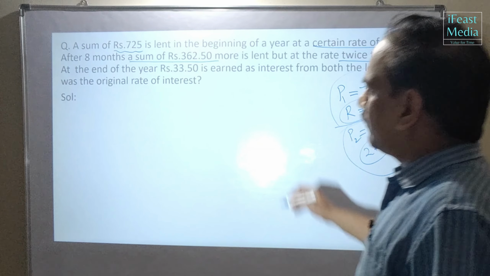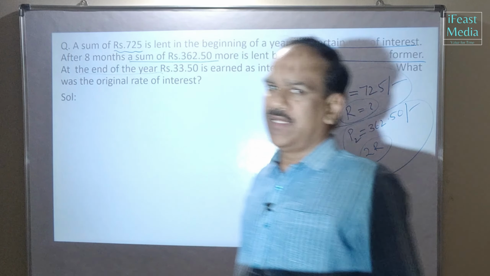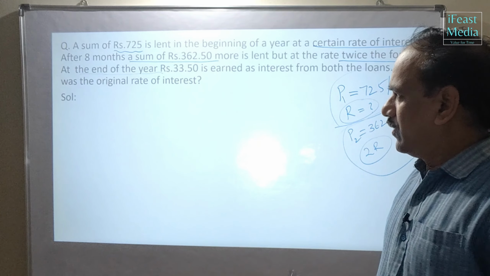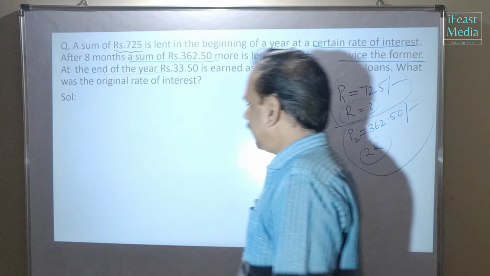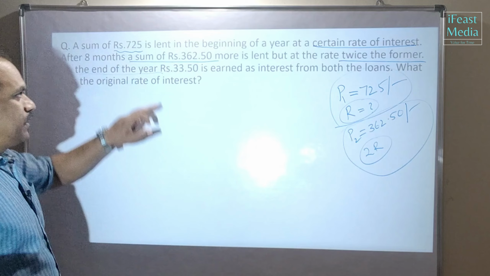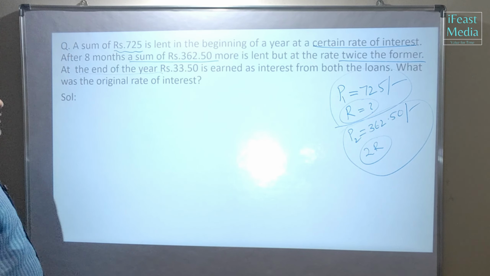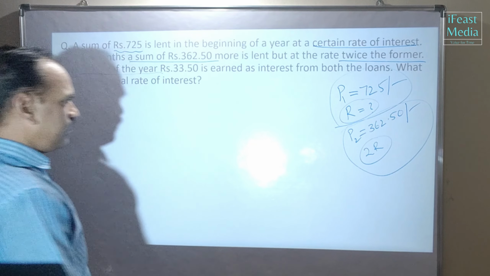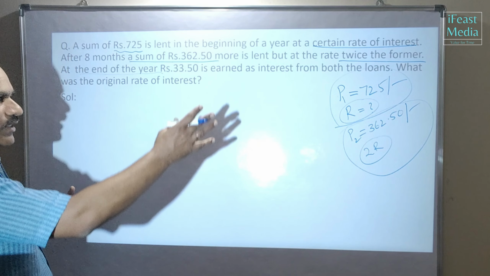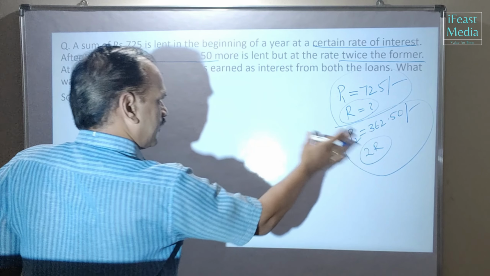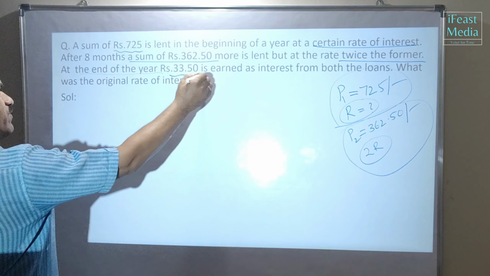Right? At the end of the year, that means the total time period is only 1 year. At the end of the year, 33.5 rupees is earned as interest from both the loans. That means we have to add the simple interest on the first part and the simple interest on this. The sum is 33.5.